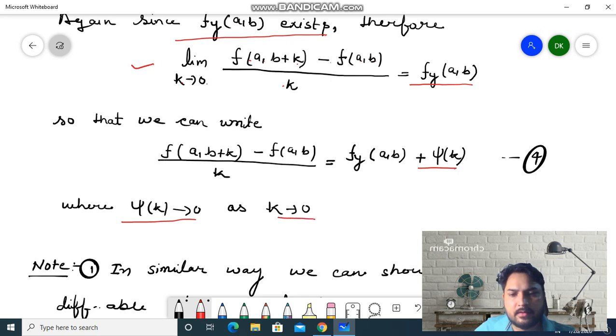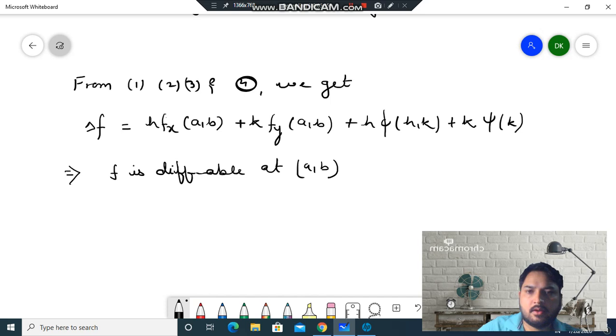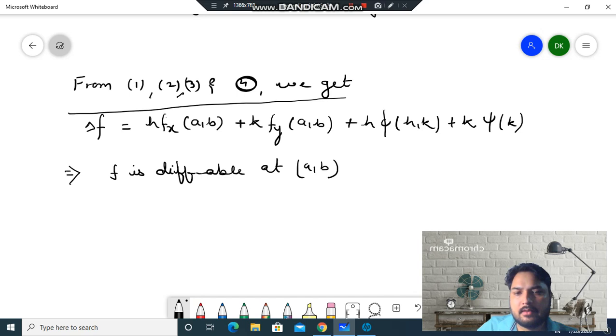Now from equations first, second, third and fourth, we get that delta f is equal to h fx(a, b) plus k fy(a, b) plus h phi(h, k) plus k psi(k). And this tends to 0, this tends to 0 and this also tends to 0.